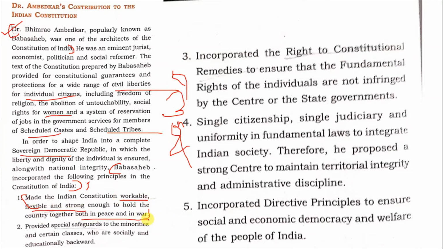And it provided special safeguards to the minorities and certain classes who are socially and educationally backward, and it incorporated the right to constitutional remedies to ensure the fundamental rights of the individuals are not infringed by the center or the state governments. And next, it incorporated directive principles to ensure social and economic democracy and welfare of the people of India.